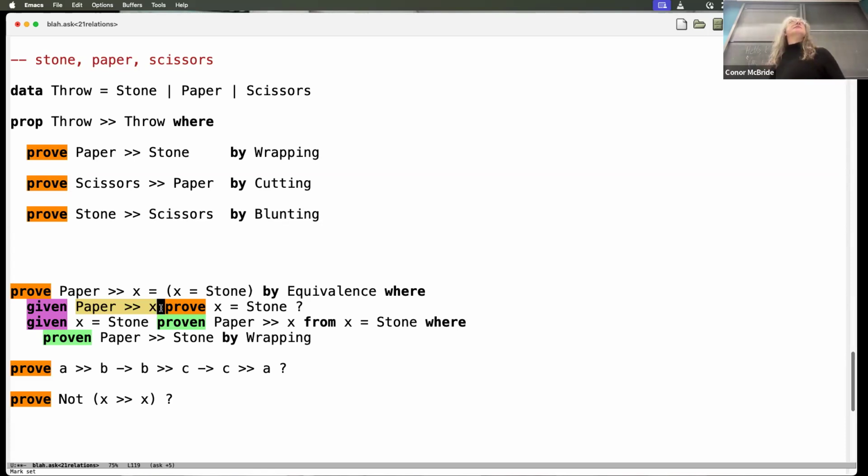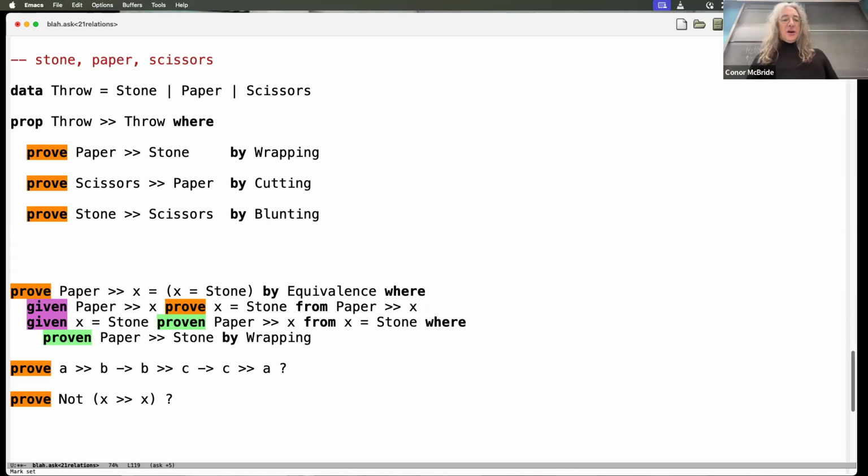If you look at the 3 rules, which of the 3 rules could possibly have given us that paper beats X? There are only 3 suspects, and 2 of them have an alibi. So what do we do? Well, of course, it's yet again a from. So in Ask, from is always make use of this to solve my problem.